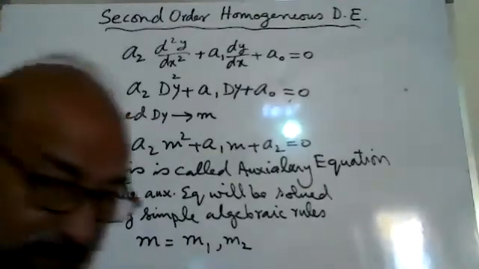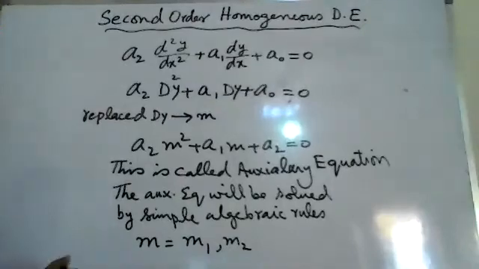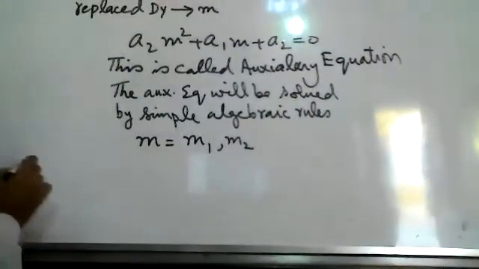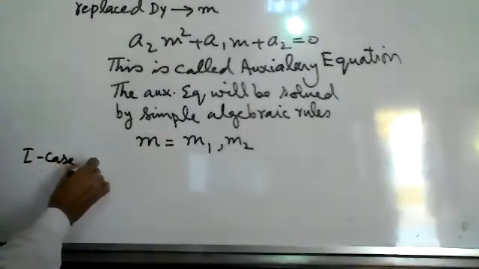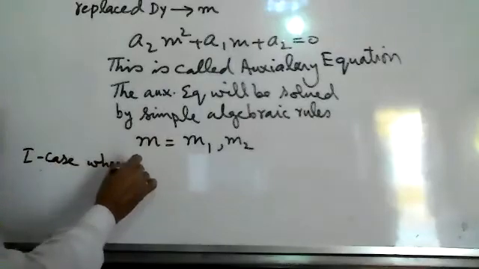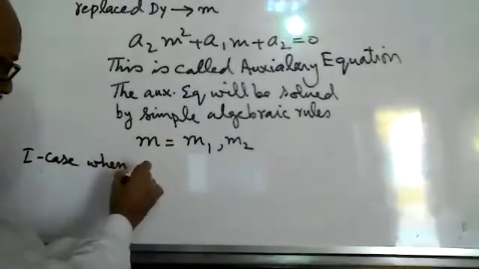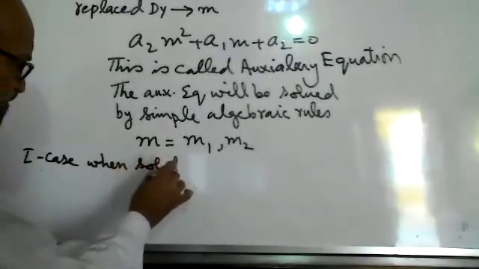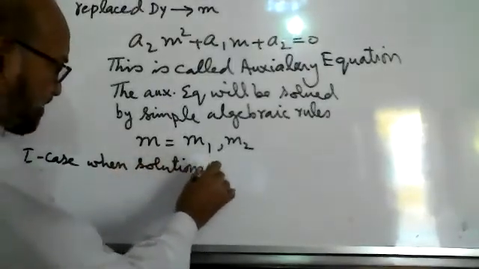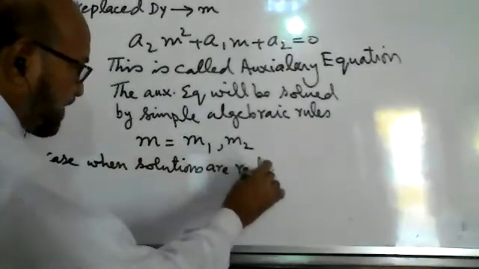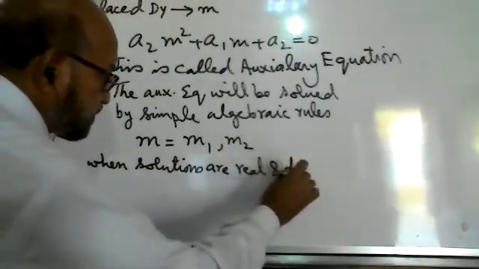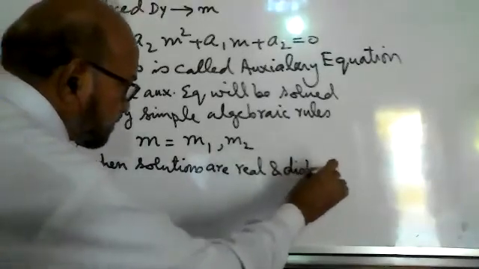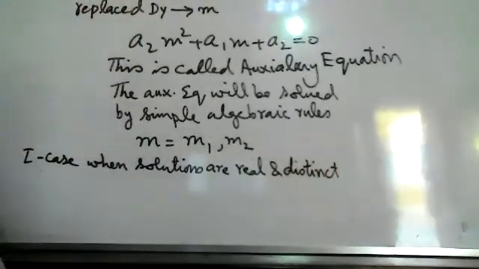The first case: when M1 and M2 are real and distinct. The solutions are real and distinct.